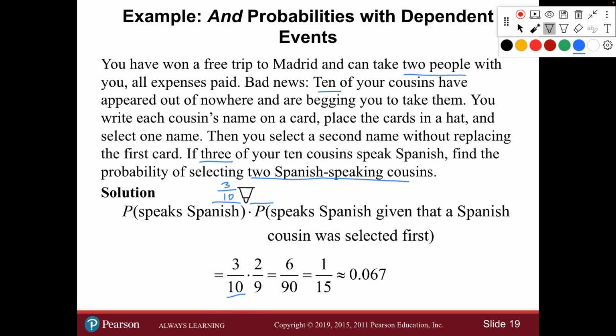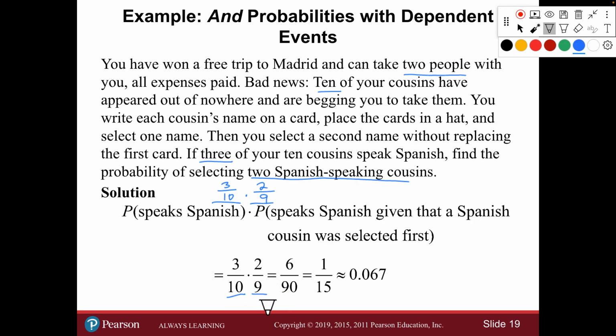Now that one of them has been chosen, what does the hat look like? Well, there's only 2 cousins that speak Spanish remaining, and there's a total of only 9 cards in there, right? 9 cousins in there because we've taken one out. That's what's happening. The first selection, since we didn't replace the card, has changed the sample space.